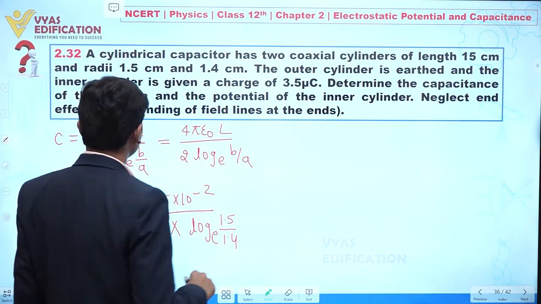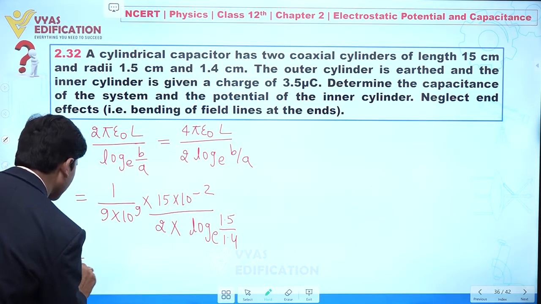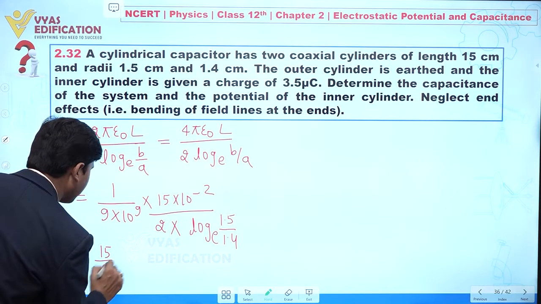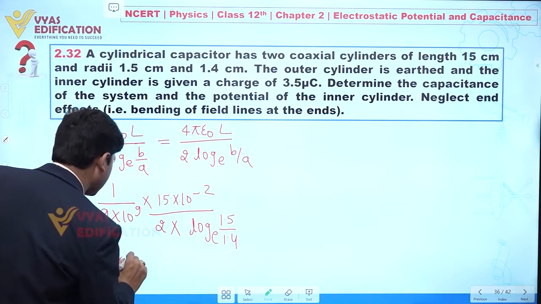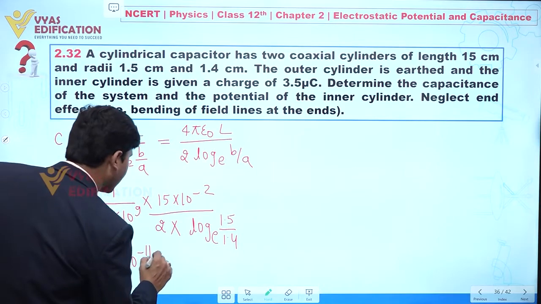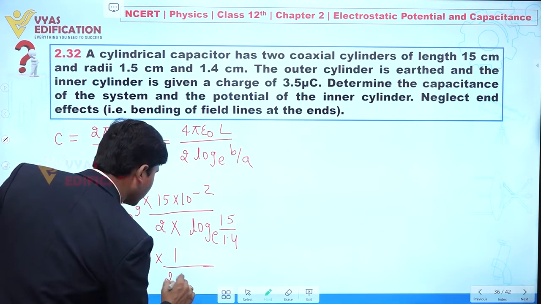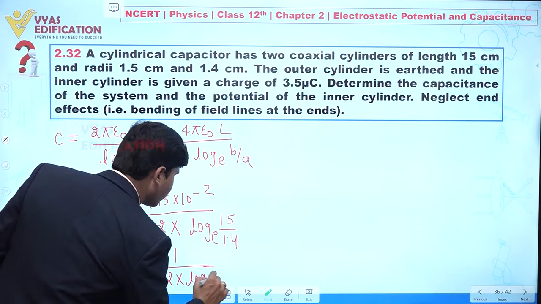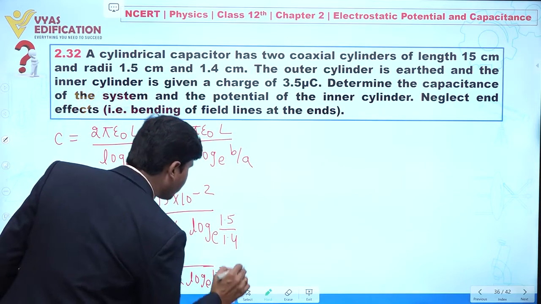So from here this is equal to 15 by 9 into 10 to the power minus 11, and 1 by 2 into log base e of 1.5 divided by 1.4.